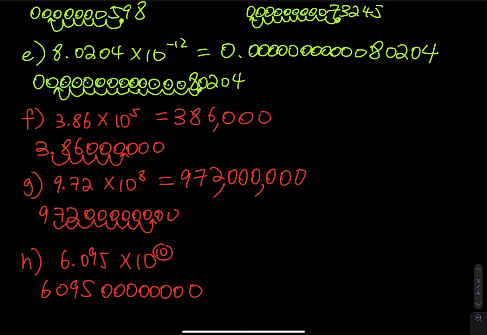All right. Starting right here, 1, 2, 3, 4, 5, 6, 7, 8, 9, 10, right there. So that is 6095 followed by 7 zeros. Okay, comma, comma, and a comma.